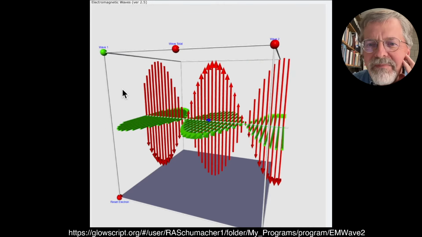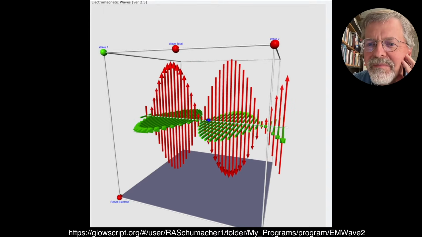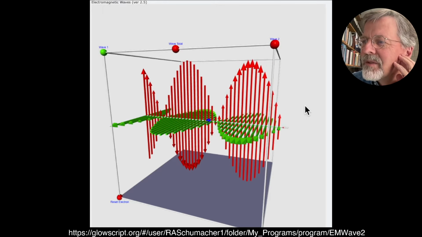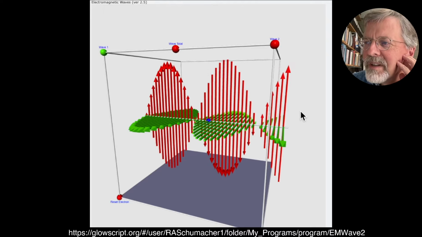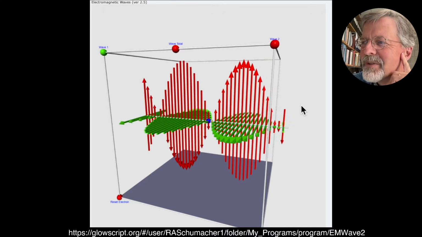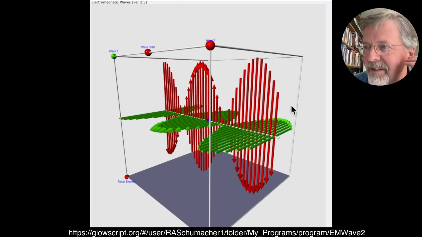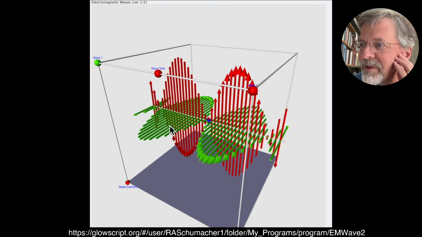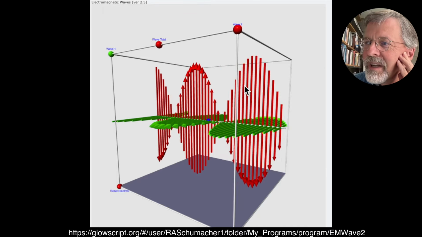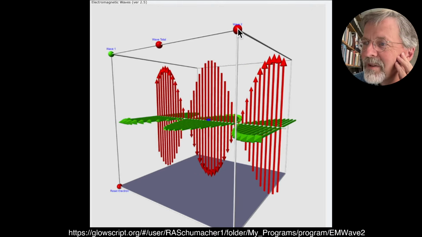So in this VPython demonstration, which you can pick up for yourself, the URL is at the bottom here, for circularly polarized light, imagine that you now have a second wave that is perpendicular to the first one, still propagating from left to right, but now the electric field will be at 90 degrees, and the corresponding magnetic field will be 90 degrees with respect to that.